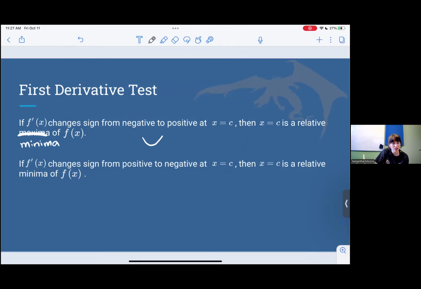Sorry about that. And then if f prime goes from being positive, in other words, f is increasing, to negative, so f is now decreasing, then we would get a relative maximum of f of x. So that is the first derivative test. F prime is negative, then positive, relative minimum. F prime is positive, then negative, we get a relative max.